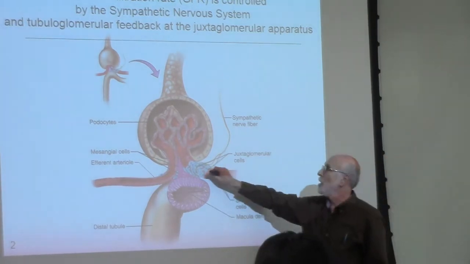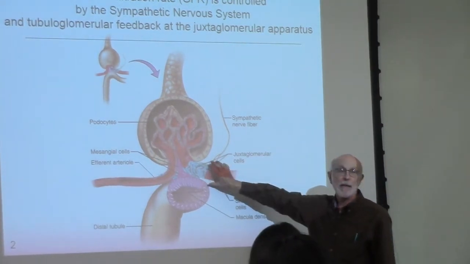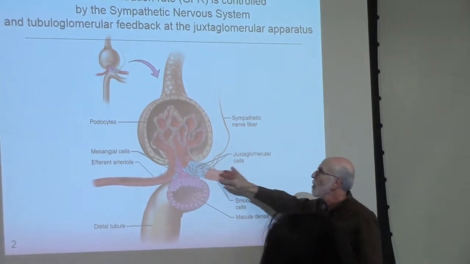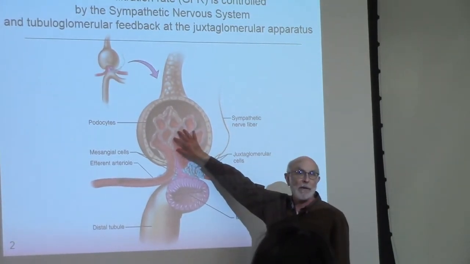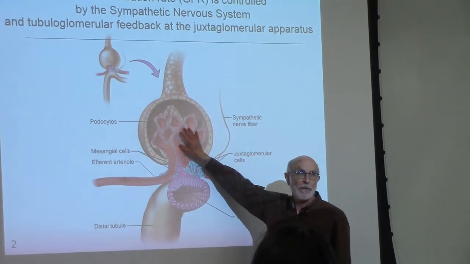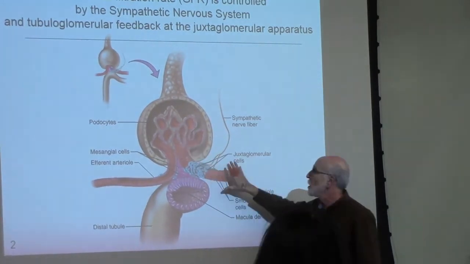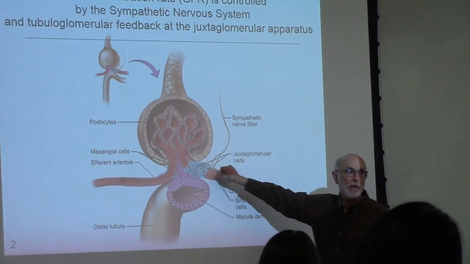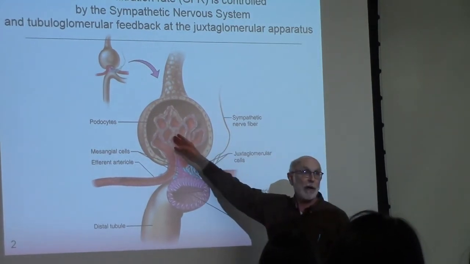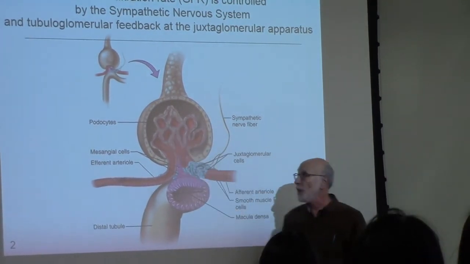For example, dilation of the afferent arteriole, bringing more pressure into the glomerular capillaries, would increase the rate of filtration, increasing GFR. Constriction of the afferent arteriole would reduce the pressure in the glomerular capillaries and reduce GFR.